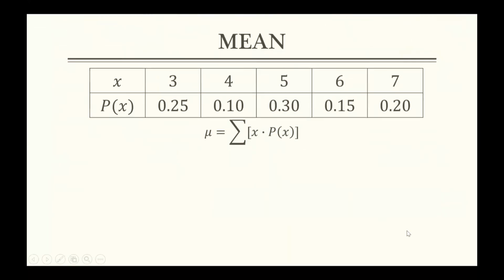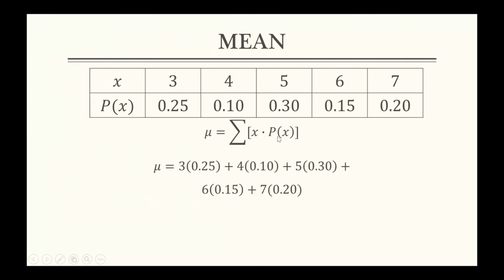Now, let's proceed to method number 2. What if we don't want to construct a table of values because there are many numbers inside of it? Take note of the probability distribution, example number 1. We're going to apply this formula. The mu equals the summation of the product of x and its probability.